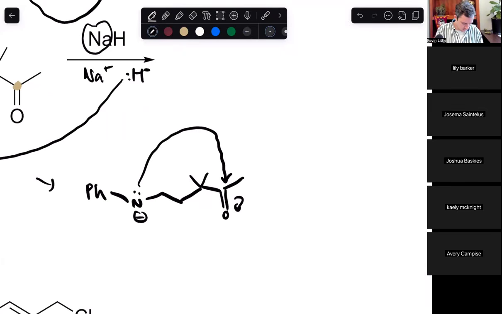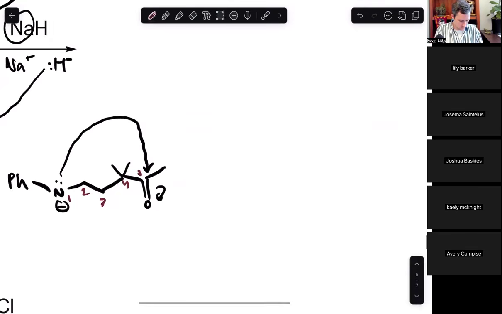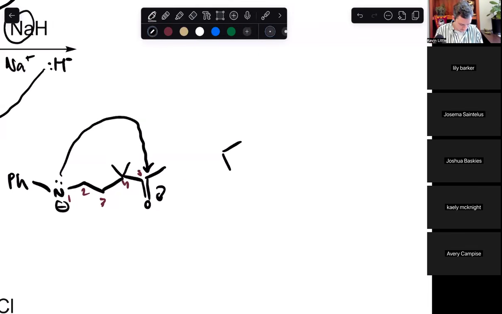So I know that nitrogen 1 attacked carbon 5. So I've got a 5-membered ring. I'm going to start with my 5-membered ring with a nitrogen inside of it. That's 1. It bound to 5, 4, 3, 2. So this is the heart of everything, right? Every atom I've got bound is part of the ring. Then on carbon 5, I have an oxygen that gained electrons. On carbon 5, I also have this methyl.